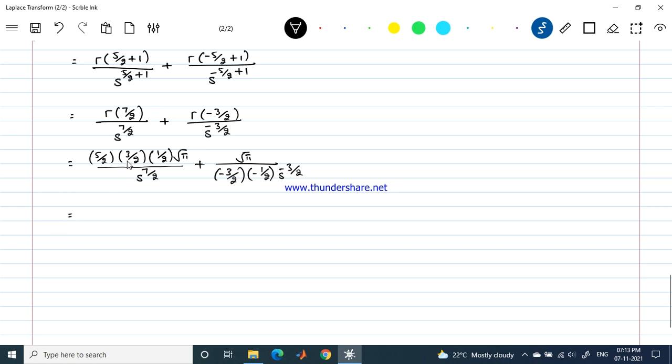Now let me simplify this. 5 threes are 15, 15 square root pi upon 2 cube, so it is 8 s power 7 by 2. And here minus into minus is plus, 2 2s are 4, that 4 comes to the numerator. It's 4 square root pi upon 3 into s power minus 3 by 2.